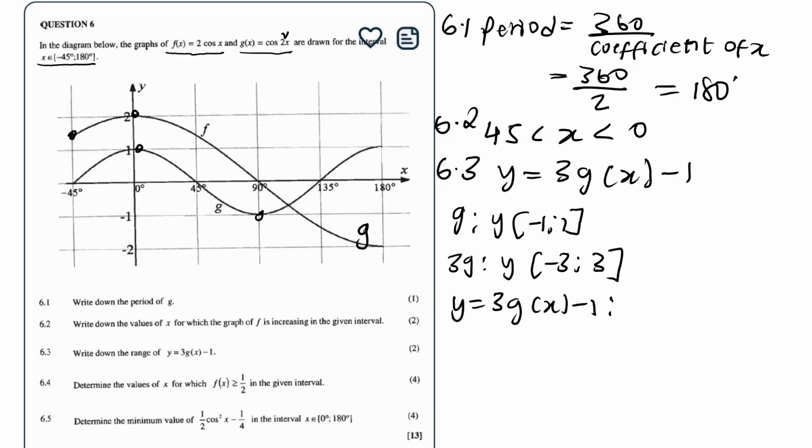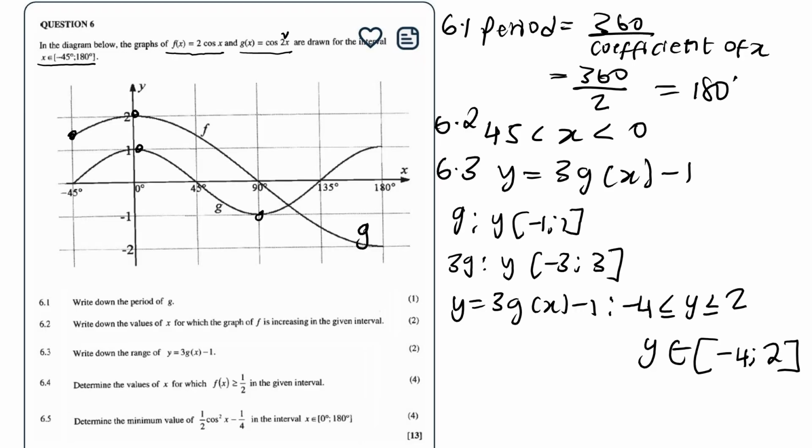Minus 3 minus 1 is negative 4, and 3 minus 1 is 2. Therefore you can write that as y ∈ [-4; 2].